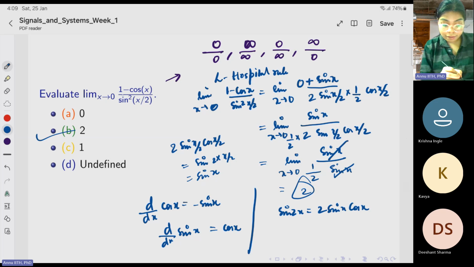We can also solve with respect to 1 minus cos x. Some formula was there, 2 sin something, we can use it here.